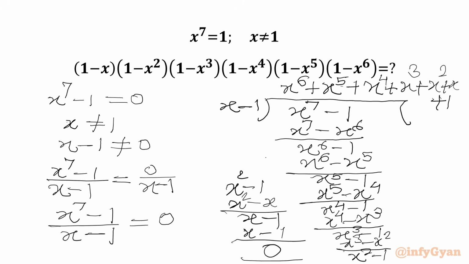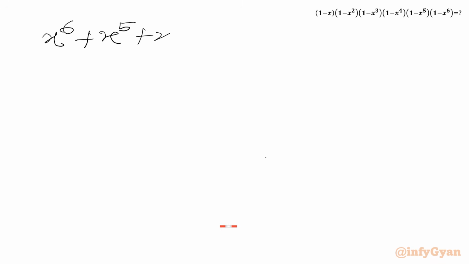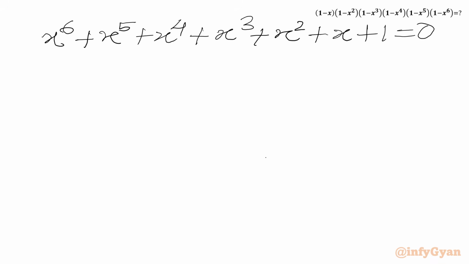Now we can write x power 6 plus x power 5 plus x power 4 plus x cube plus x square plus x plus 1 in this division place. So let me write here x power 6 plus x power 5 plus x power 4 plus x cube plus x square plus x plus 1 equal to 0.